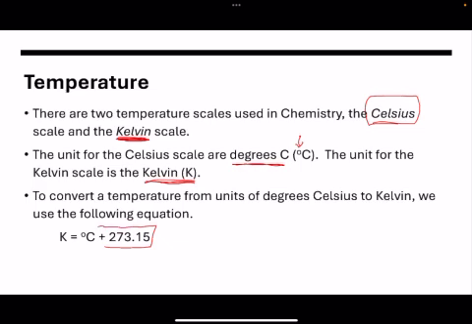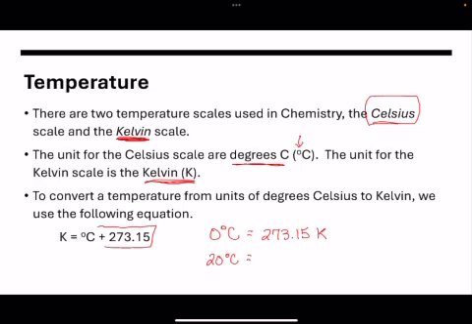So, for instance, 0 degrees Celsius is equal to 273.15 Kelvin. A common measurement that we have is 20 degrees Celsius, or anywhere from 20 to 25 degrees Celsius, are your typical room temperature.